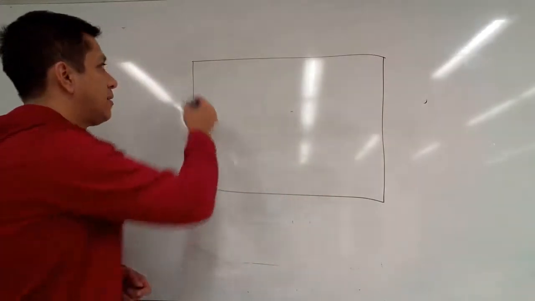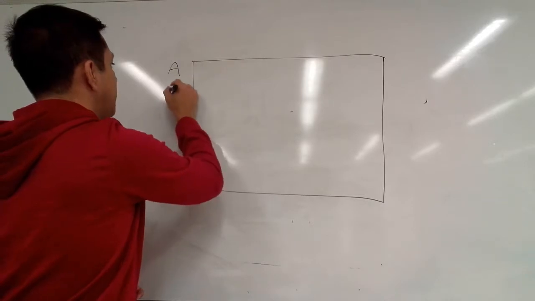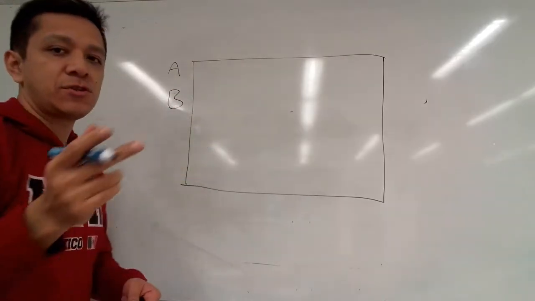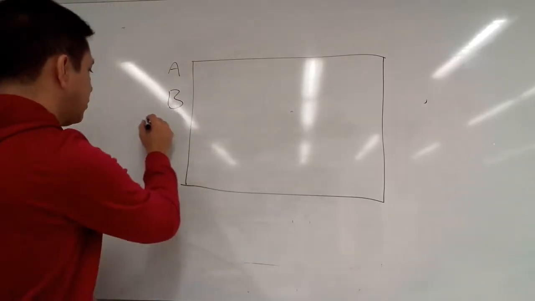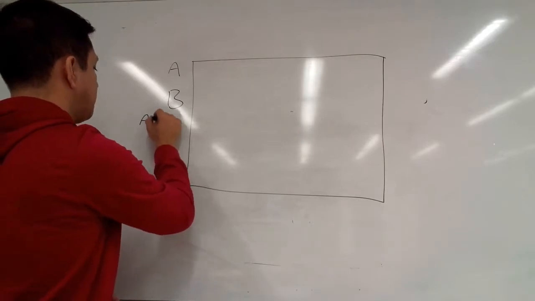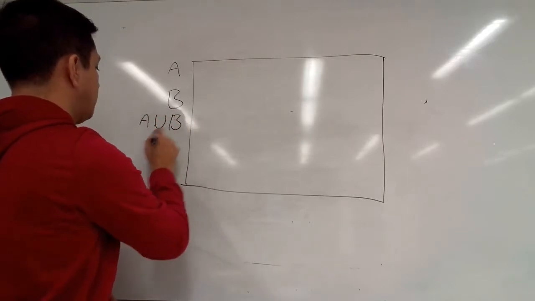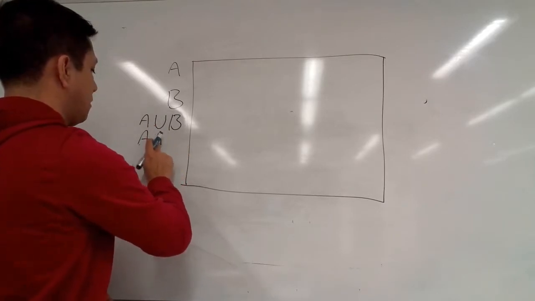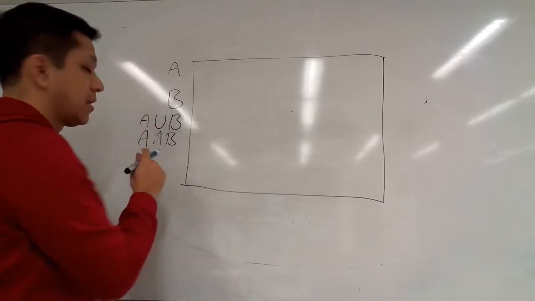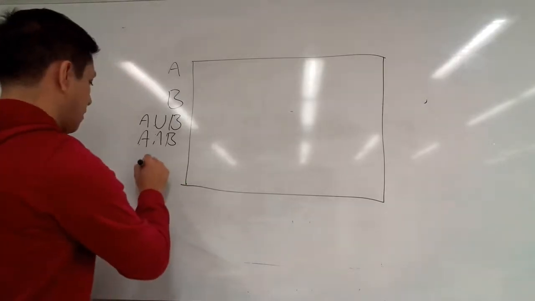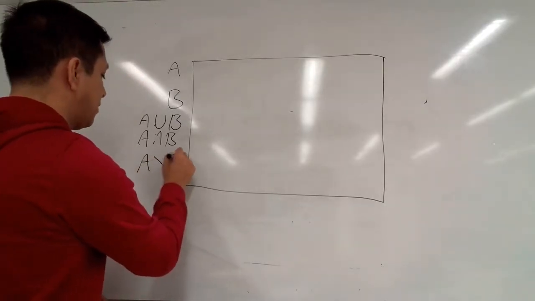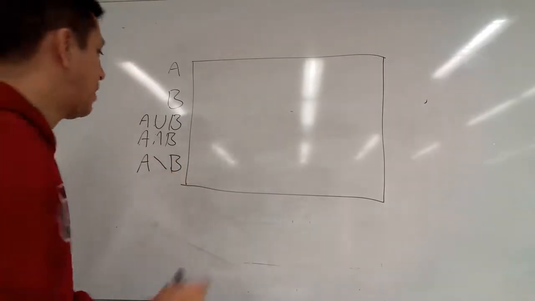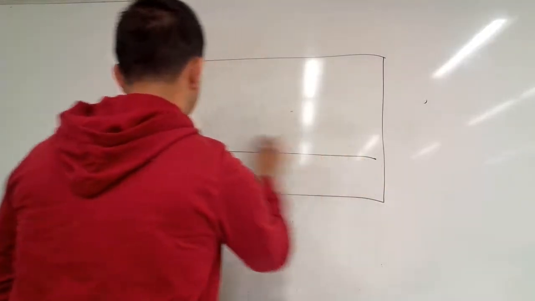So we have our A vector and the B, and also we will place some operations like A union B, A and B, and A minus B.